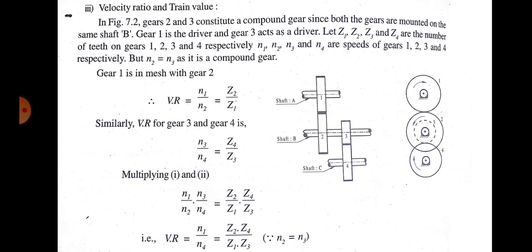Now n1 speed is different, n4 speed is different. But since I've told you that n2 and n3 will be same. Why? Because they are connected to the same shaft. So speed of n2 and speed of n3 will be same. So I can cancel n3 and n2 here. So finally velocity ratio n1 by n4 will be equal to z2 into z4 divided by z1 into z3.